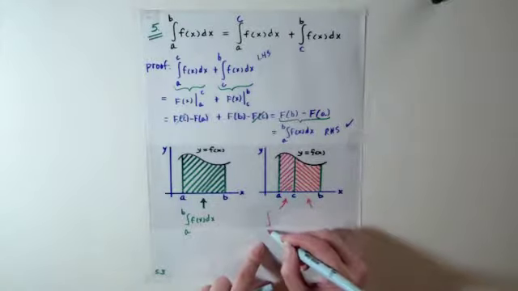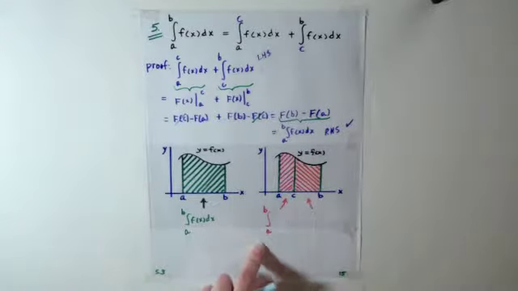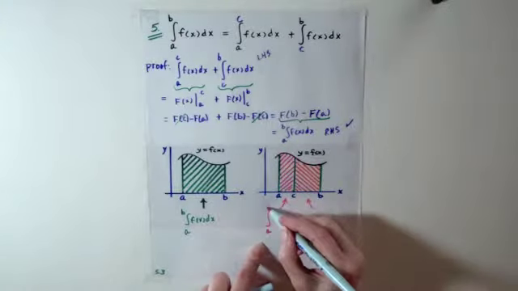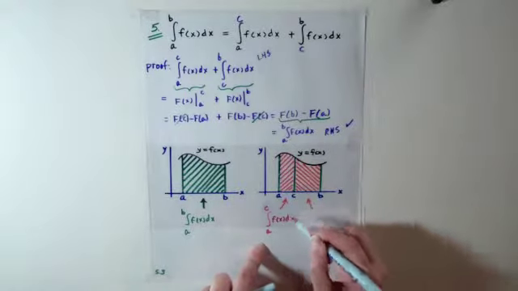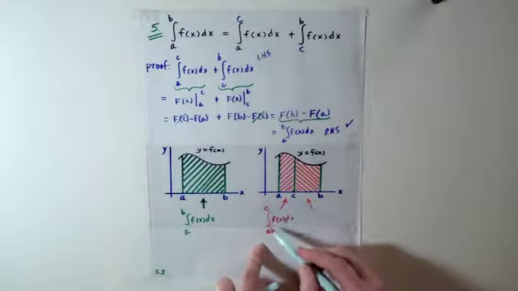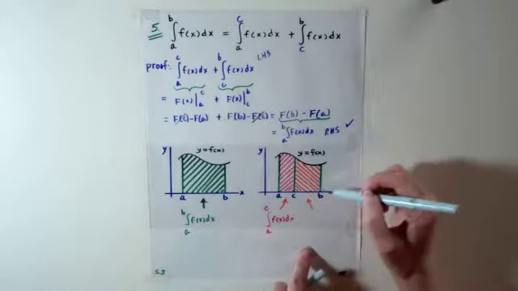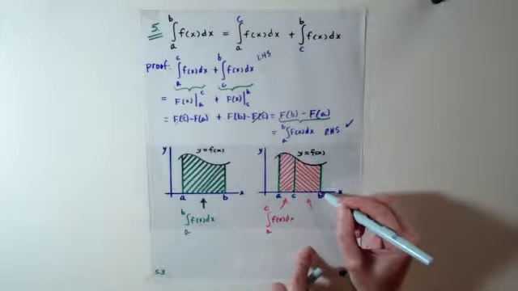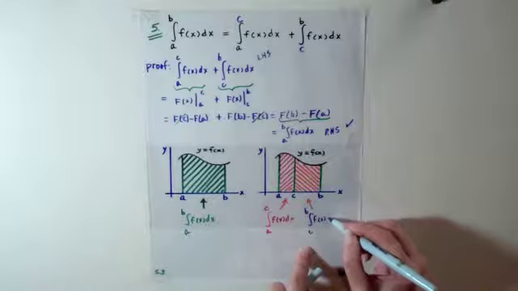And so the area, that red area, would be the definite integral, not from a to b, sorry about that, but from a to this intermediate point c of f of x dx. So this red area in here would be the integral from a to c of my function. And then when I look at this orange area over here, I'll just write it in purple, the area under the curve from c to b would be the definite integral from c to b of f of x dx.